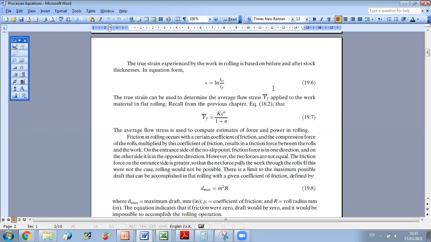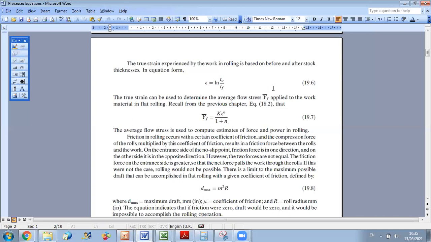The true strain can be used to determine the average flow stress applied on the work material. We can then calculate the average flow stress from the previous chapter as K epsilon^n over 1 plus n. The average flow stress will be used to compute the force and power used in rolling, as you will see together now.